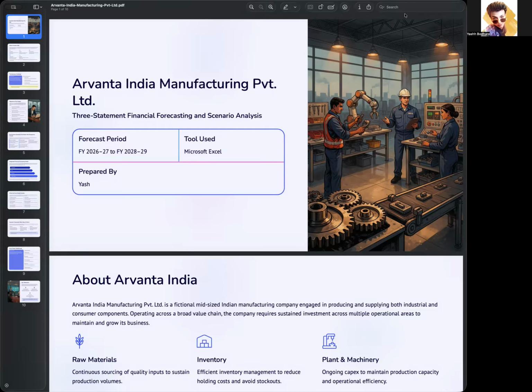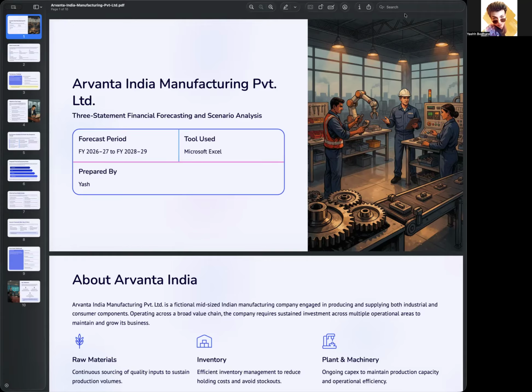Now, this model has been developed in Microsoft Excel and covers a 3-year forecast period starting from financial year 2026 to 2027 and continuing through 2028 and 2029.